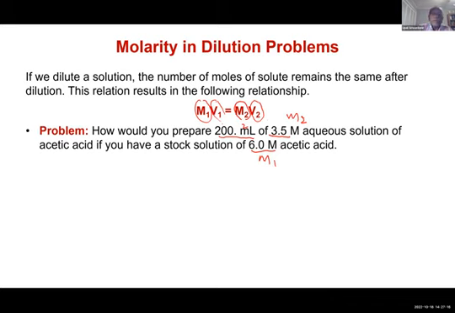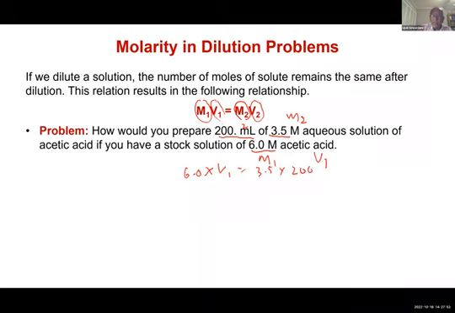They're asking how you prepare it. So you plug in the values: 6.0 times V1 is equal to 3.5 times 200.